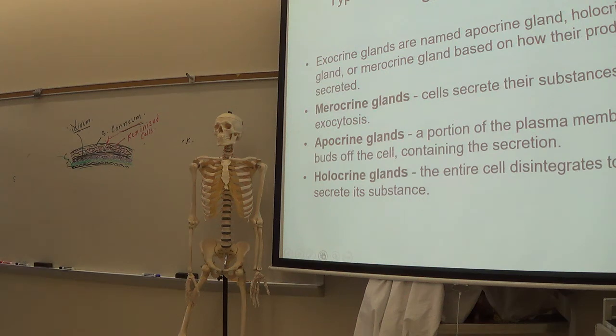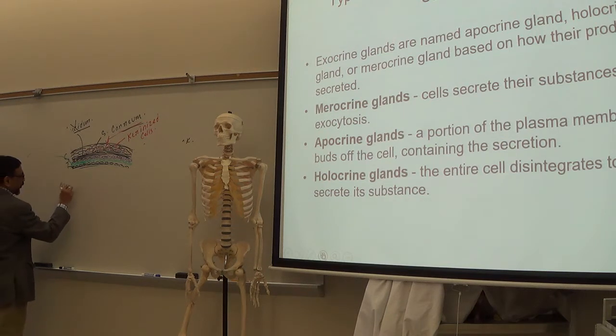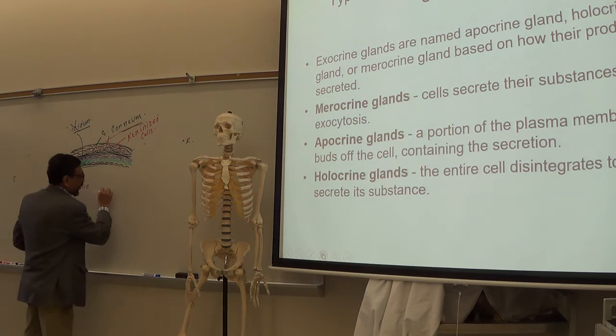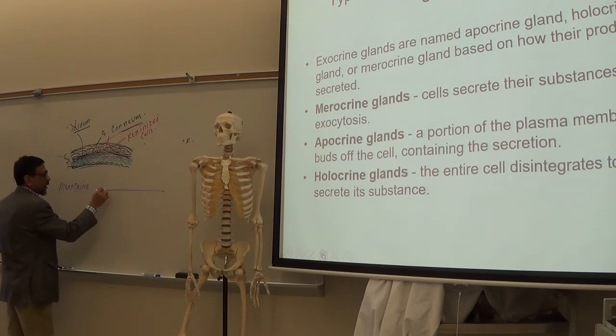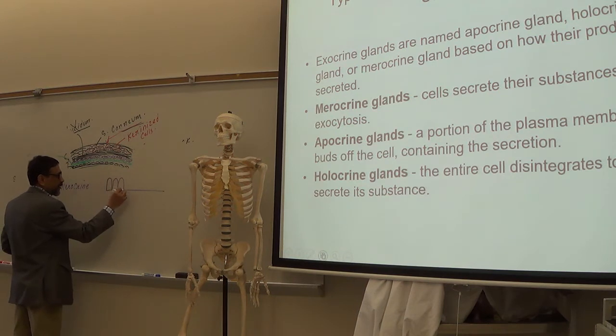One method of secretion is called merocrine secretion. What happens in merocrine type secretion? These are the cells inside the gland.